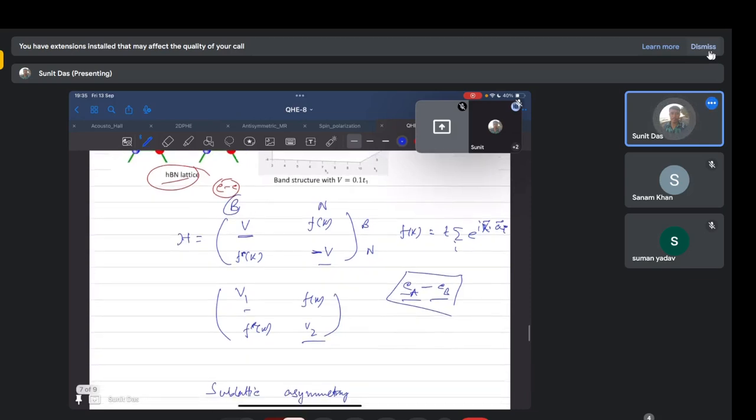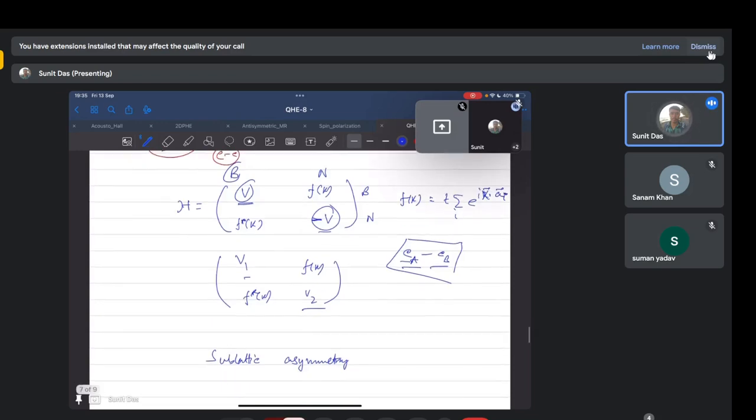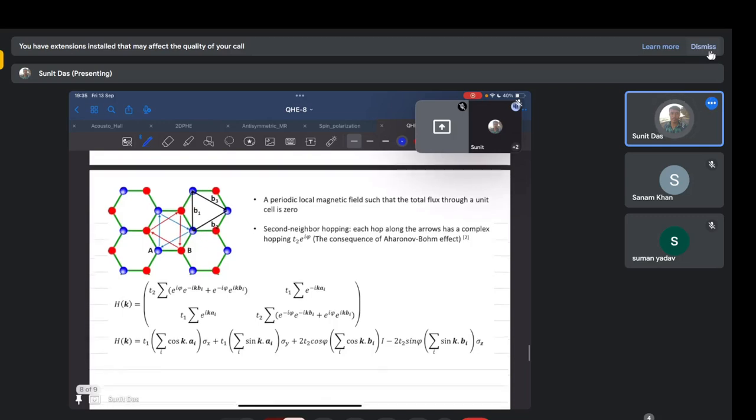And once we have a different sublattice potential corresponding to each orbital, we will have inversion symmetry breaking and a gapped out dispersion. Now there is another way to open up a gap in graphene itself, which is the Haldane model.